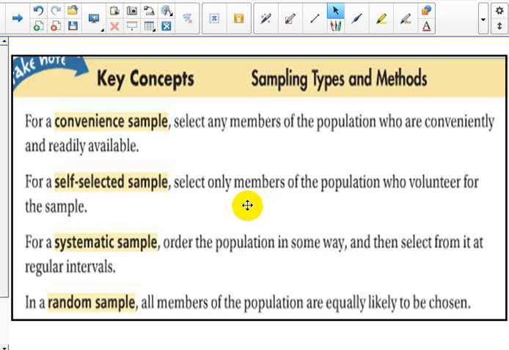Self-selected, volunteers. For a systematic sample, order the population in some way, then select from it at regular intervals. In a random sample, all members of the population are equally likely to be chosen. So these are the 4 we're going to focus on.